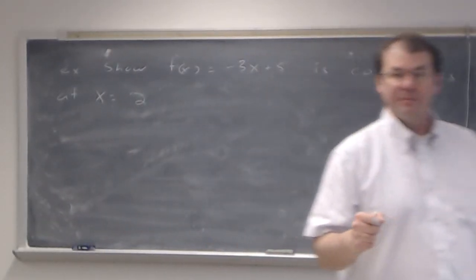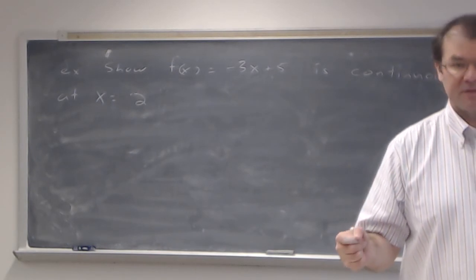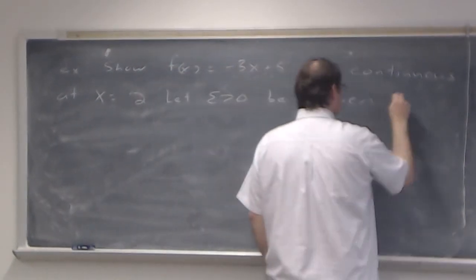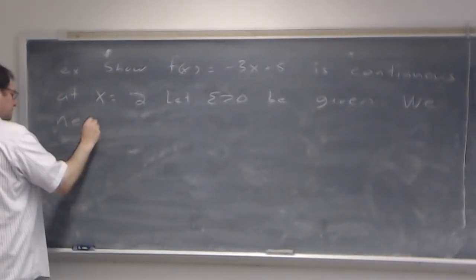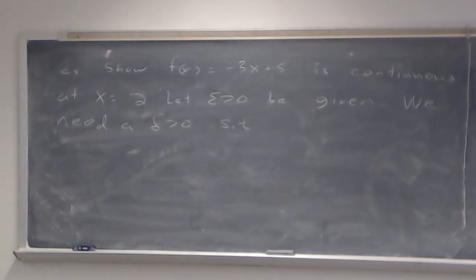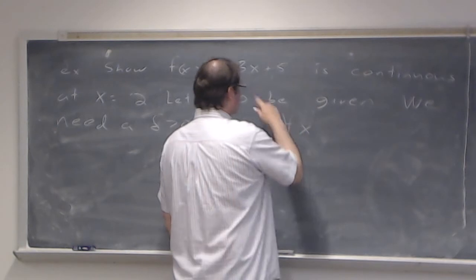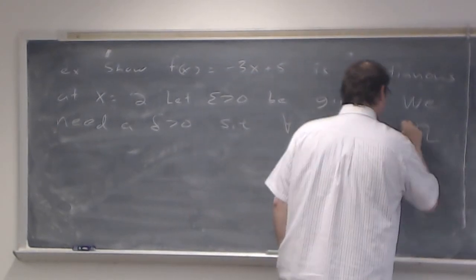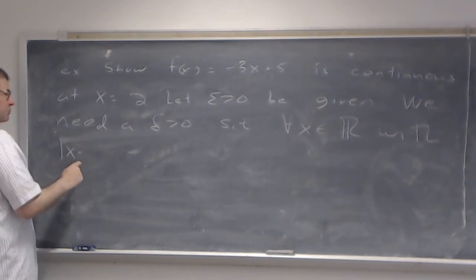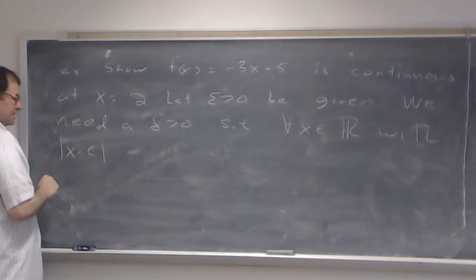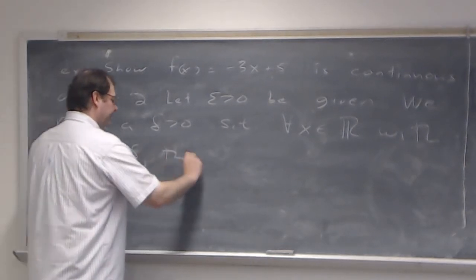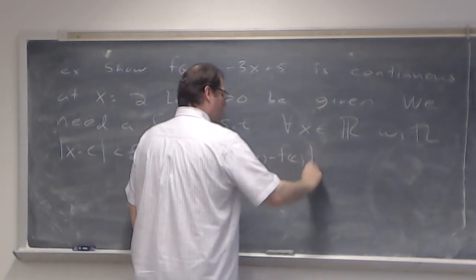It says, no matter what epsilon you give me, so I'm going to let epsilon be greater than 0 be given, we need a delta, which is greater than 0, such that for all x in the domain, so here the domain of this particular function is R, so for all x in R, with the distance x minus c, well, I'm just going to write down c in this case, we'll fill in the particulars from this problem in the next line, is less than delta, then f of x minus f of c will be less than epsilon.